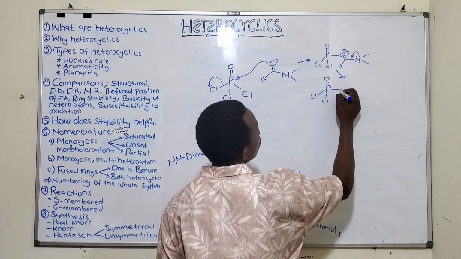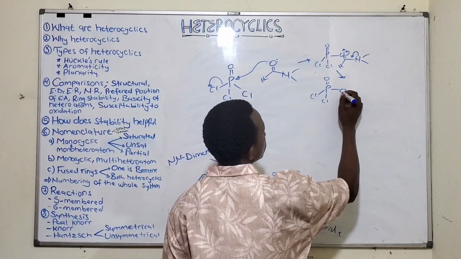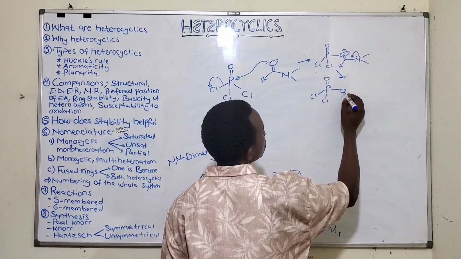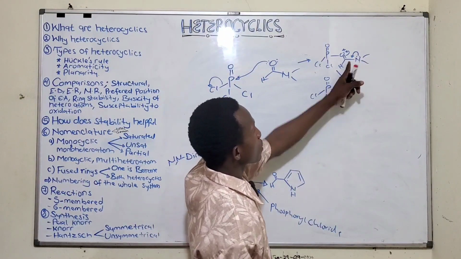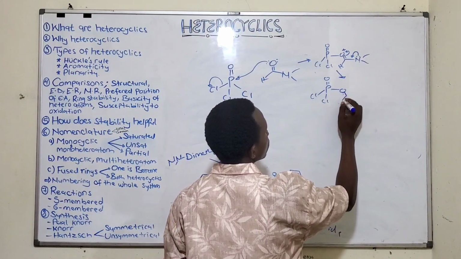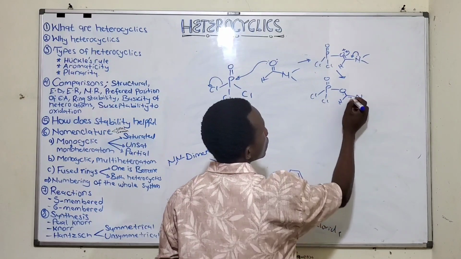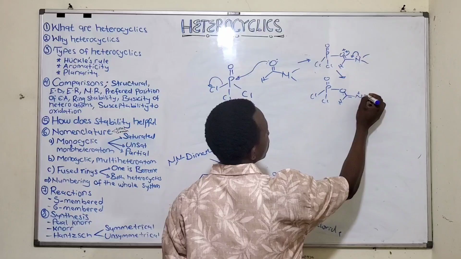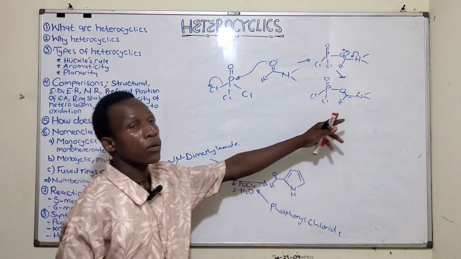Then here we have oxygen with now a single bond to this carbon. Then you have hydrogen, and we have formed a bond here, and it is plus. This is what we have.